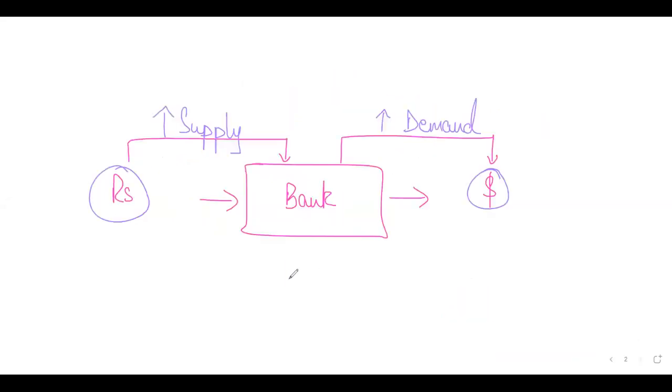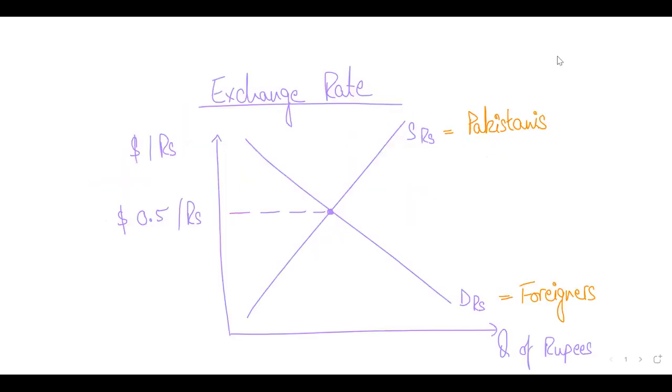Since we are looking at the exchange rate from the rupee's point of view, what is happening to rupees is the only thing that will show on the graph, right? So in this case, you will show a rightward shift in the supply of rupees, an increase in the supply of rupees, right?